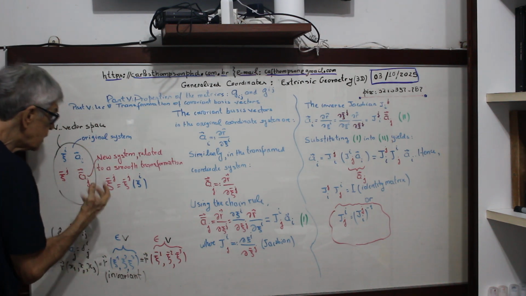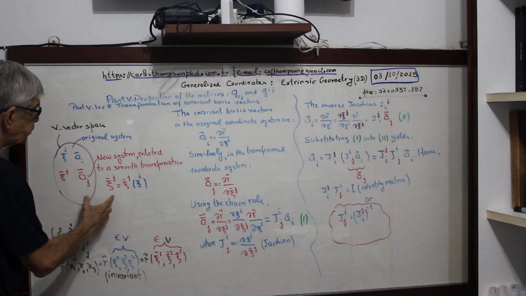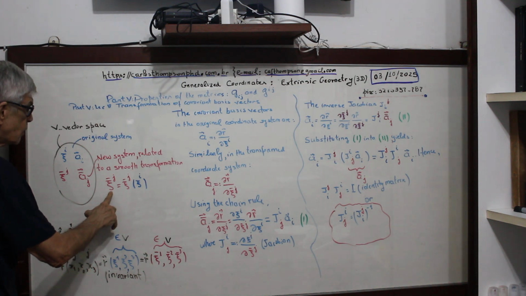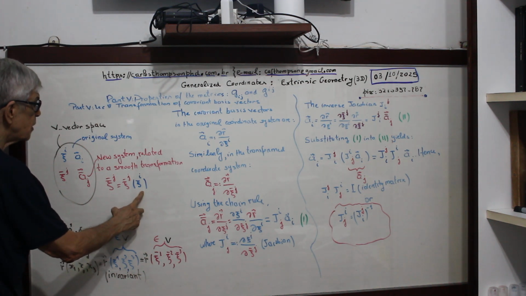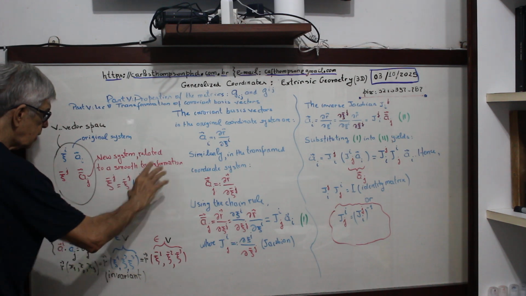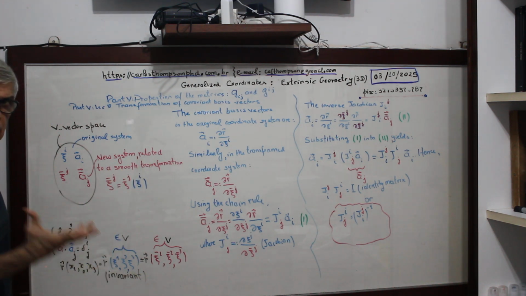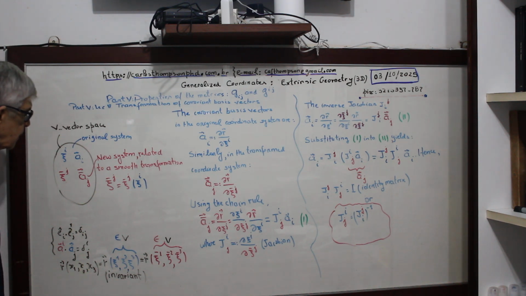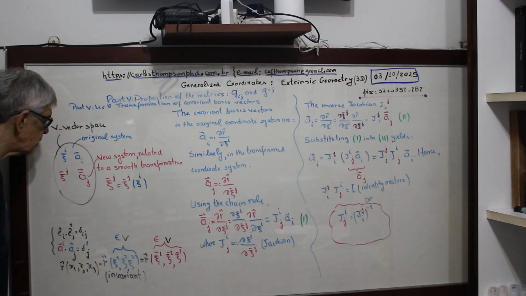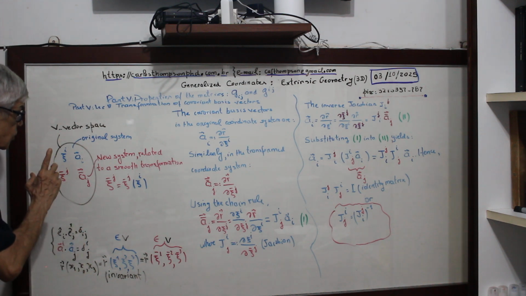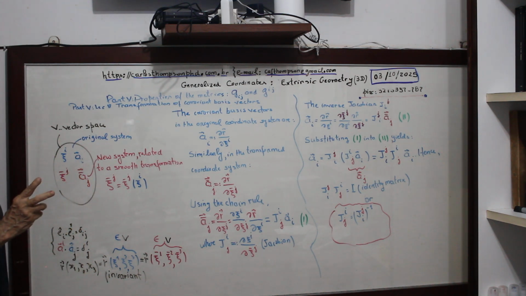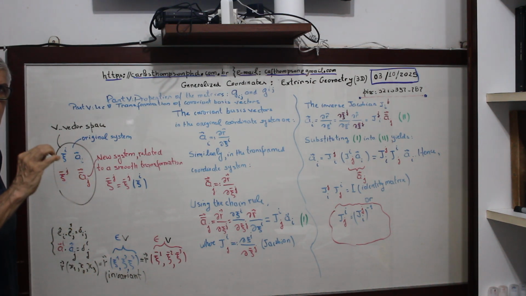Then I can express this new system, the coordinates, in terms of the original system. This is just a geometric viewpoint, no problem. Attention now, J and I are 1 or 2 or 3.